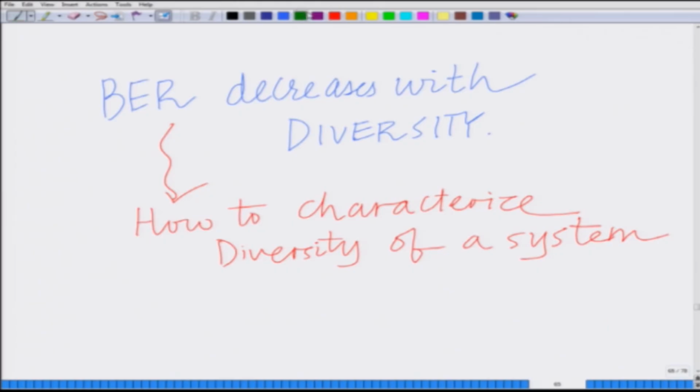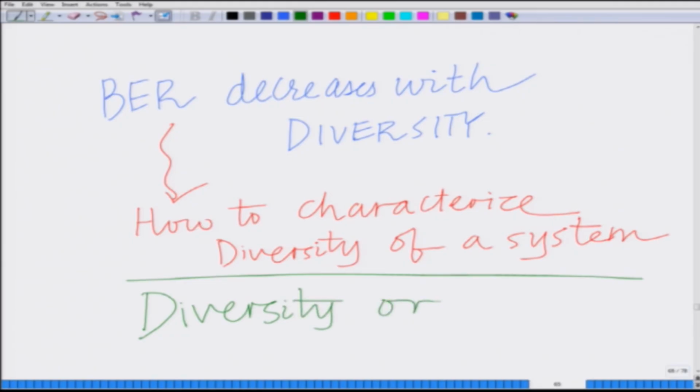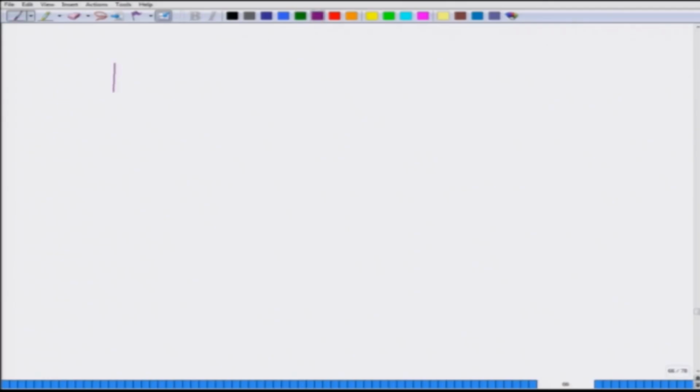This is given by the diversity order of the system. And how is it defined? We are going to now define the diversity order, which is basically a characterization of the diversity of a system.